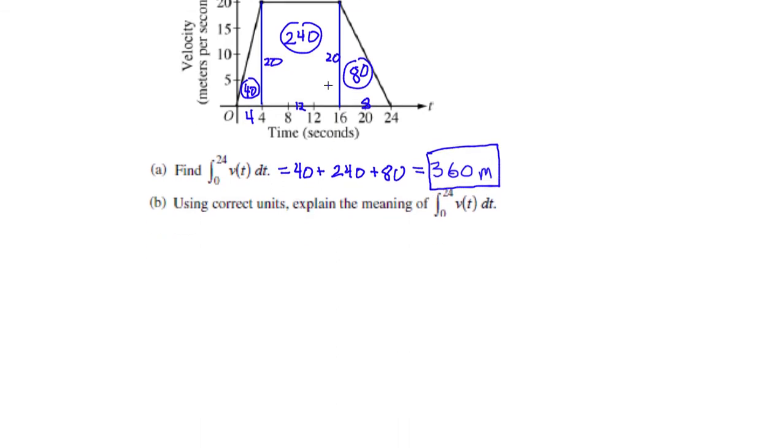Using the correct unit, explain the meaning. Okay, so explaining the meaning. Coming down here, this is going to be the total change in, okay, integral of velocity of position. Position from 0 to, position, remember units here, in meters from 0 to 24 seconds, because time is in seconds right here. All right, perfect.